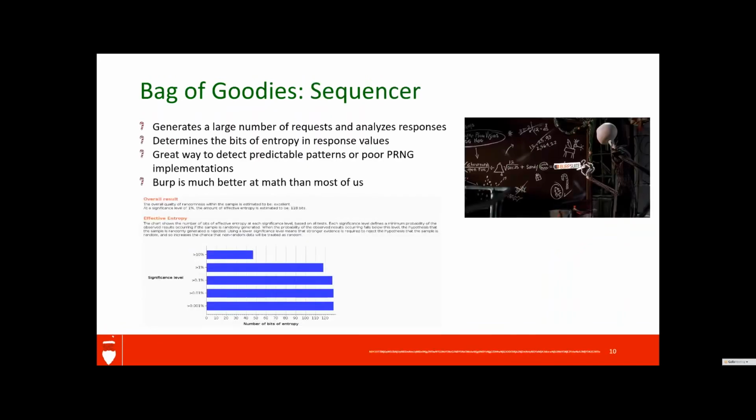Sequencer is very interesting, and what this does is it takes something like a session ID, for example, and it will take the request that the server responds to set your session ID, and it will repeat that as many times as it needs to in order to determine the number of bits of entropy in that session ID.